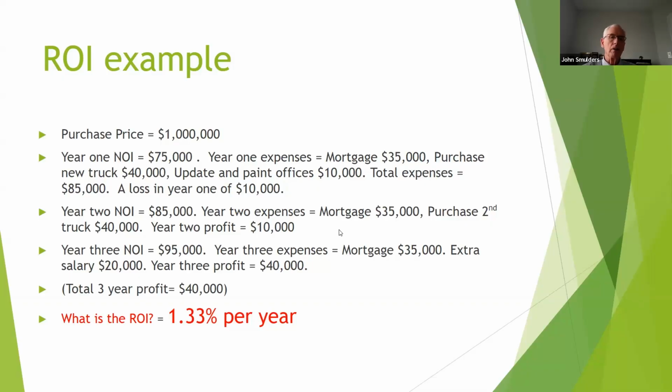Well, now they're buying a building for $1 million and they're going to run a business out of it, just as an example. They've got an idea to run a business. Who knows what the business is? It really doesn't matter. They're going to have an estimate of the NOI at the end of the year.